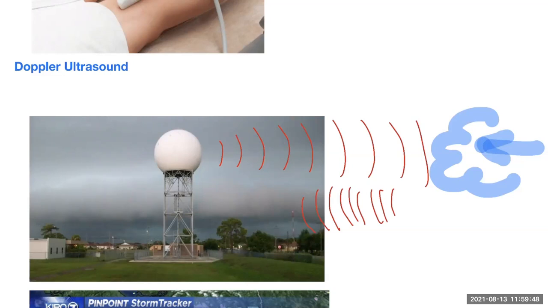So f prime is going to be higher than f due to the motion of the source. The reason I call it the source is that this is the source of that reflected signal. The original source, of course, is the radar, but when the radar receives the signal, the radar becomes an observer, and the source is the cloud that bounces the radar signal off.